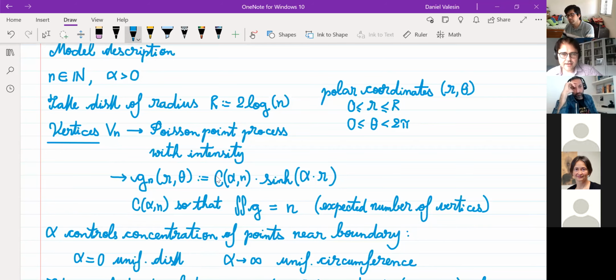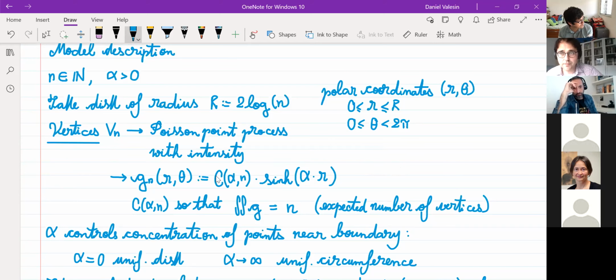But then you take the hyperbolic sine of the parameter alpha times r. Of course, hyperbolic sine grows exponentially, so what this is doing is favoring a lot of vertices that are far from the center, closer to the boundary.